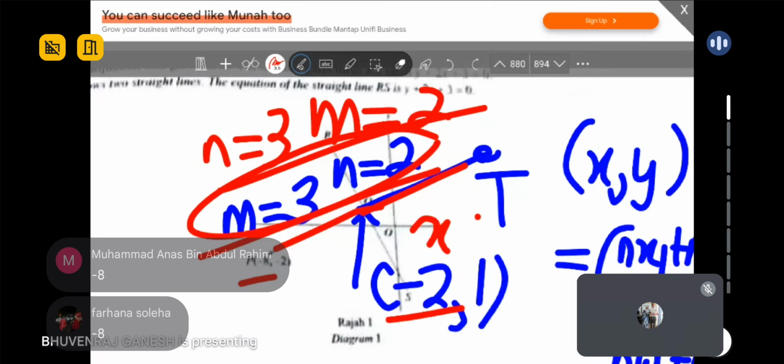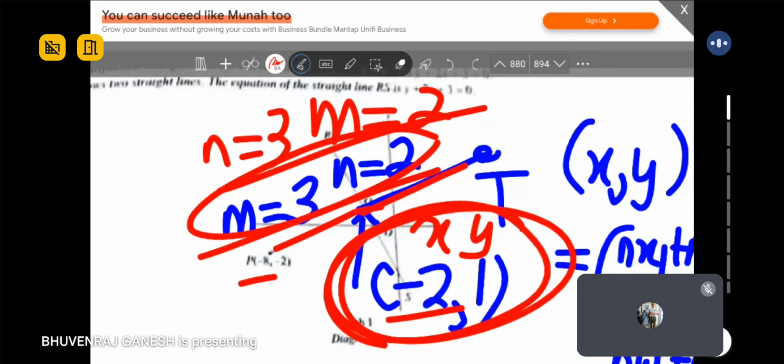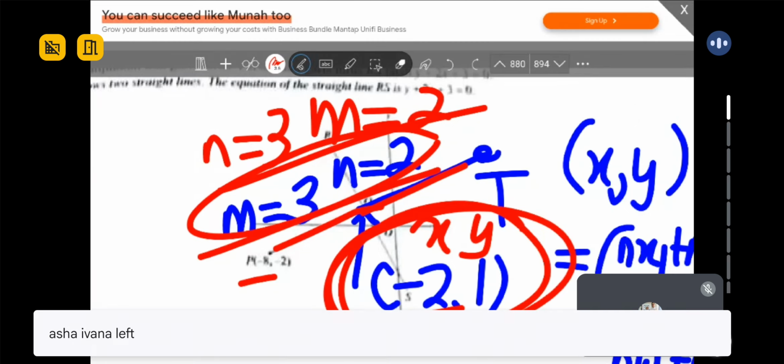Because usually the middle point I will give symbol XY. Selalu ingat guys, pembahagi tembereng tu selalunya akan guna simbol XY. The point that divide the line segment, which is Q, we always give symbol XY. Takkan bagi simbol lain. This one is fixed. Simbol ni adalah fixed. XY. Yang lain boleh ubah. The rest can change.